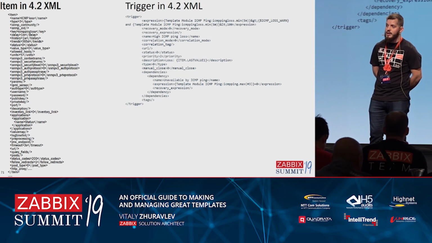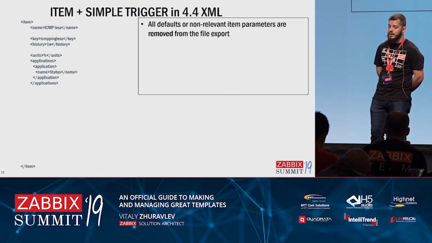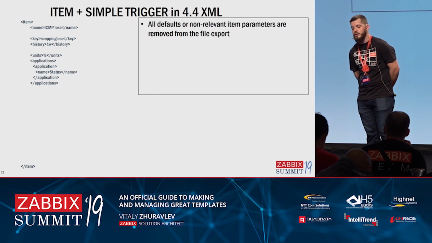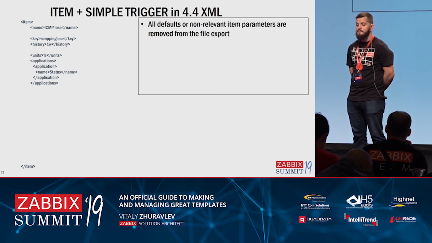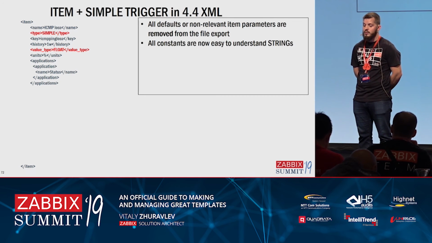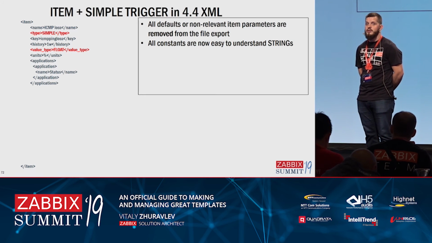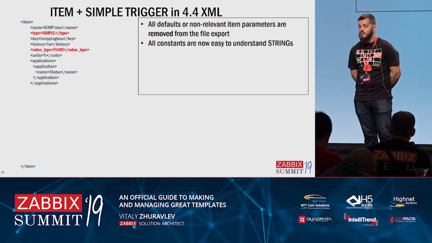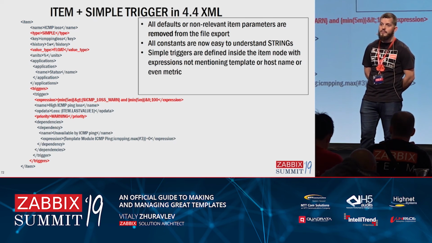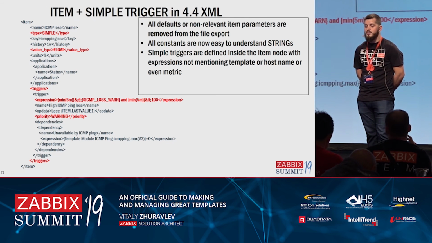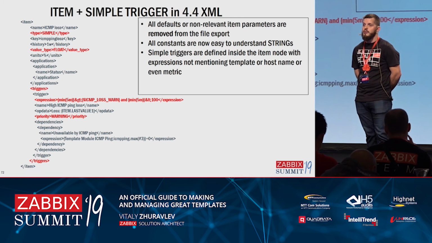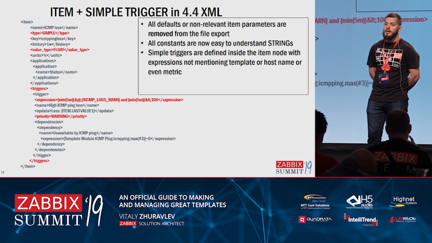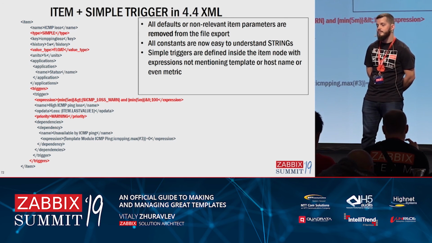So what we have done in 4.4. First of all, we got rid of all non-relevant fields. Only the fields that are non-default are now in the export. Next thing, we removed all constants, so item type or value type are now easy-to-read strings. And final thing, if a trigger is just some simple check that only relies on this item, it can actually be described in the item itself.